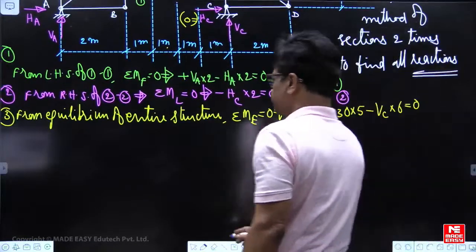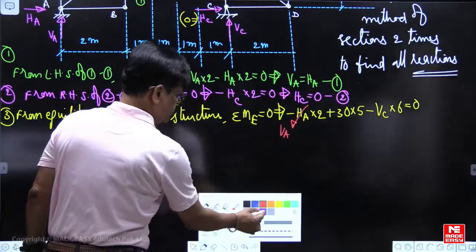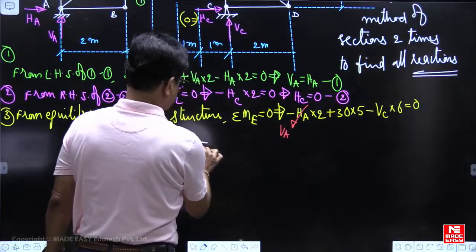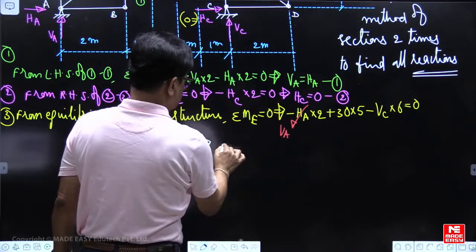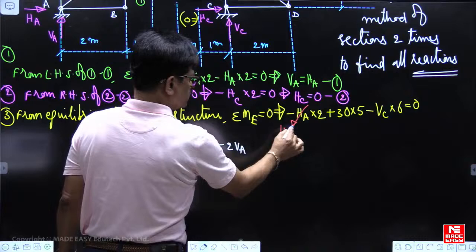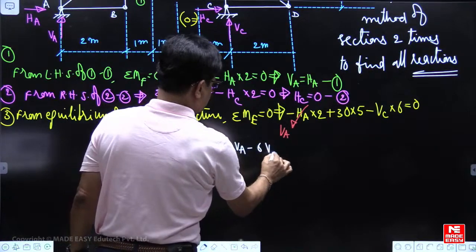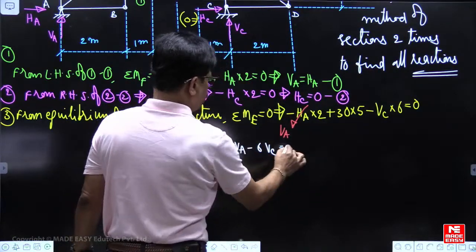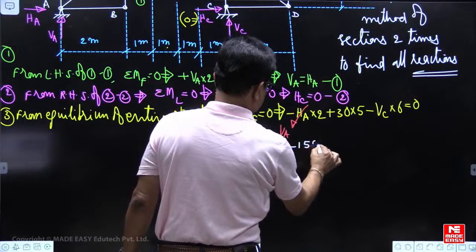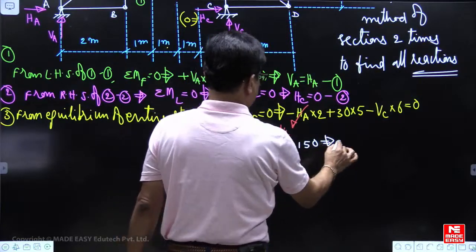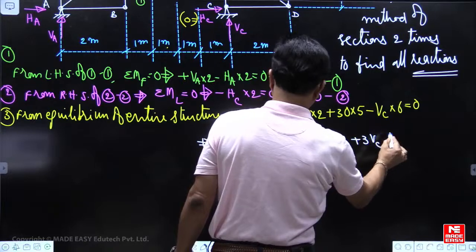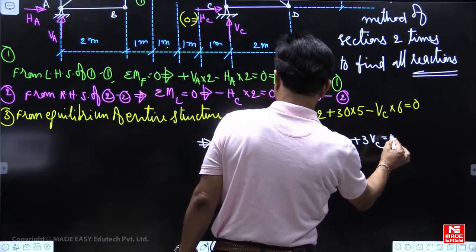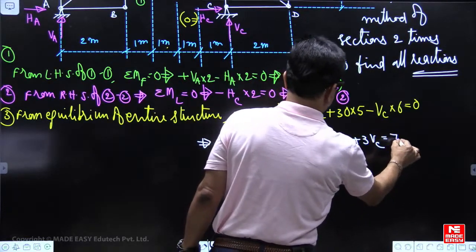Now we can get from this one, 2VA minus 6VC minus 150. In other words, we can write VA plus 3VC is equal to 75.